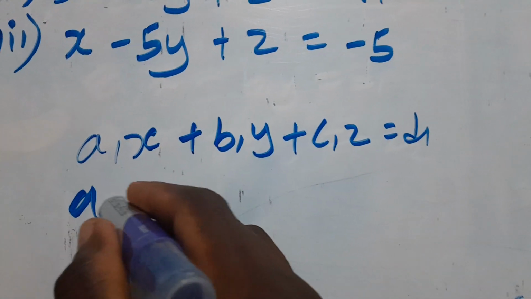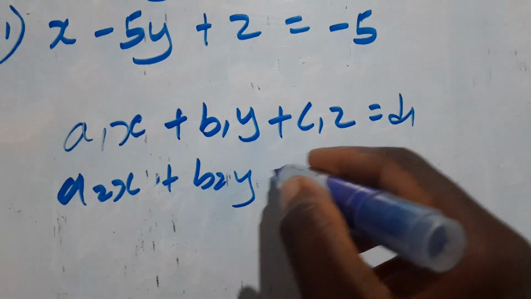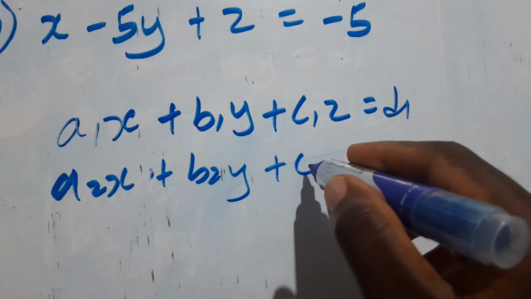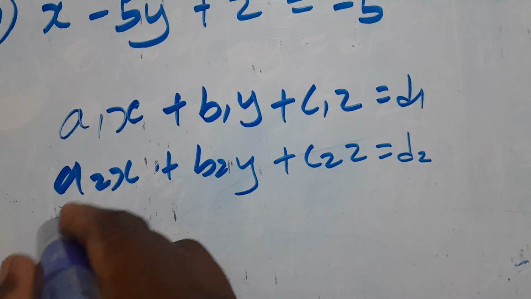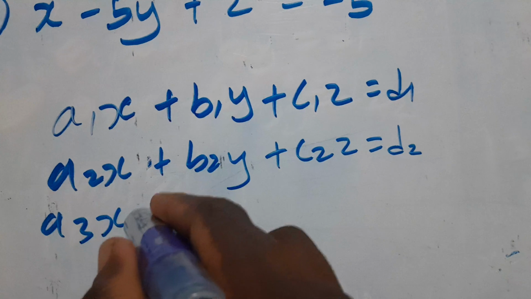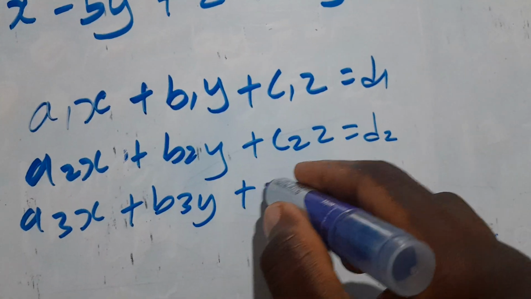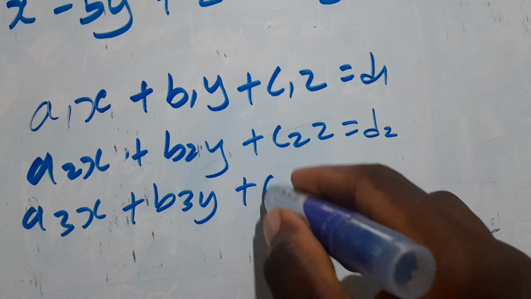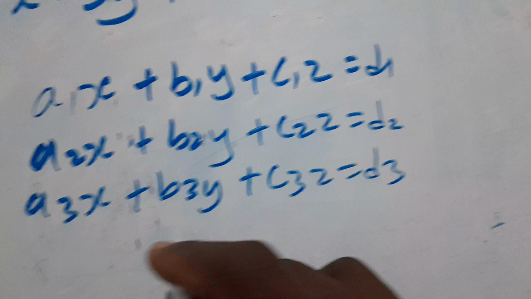We will have a2x plus b2y plus c2z is equal to d2. We will also have a3x plus b3y plus c3z is equal to d3.